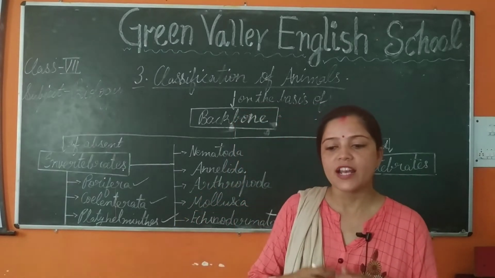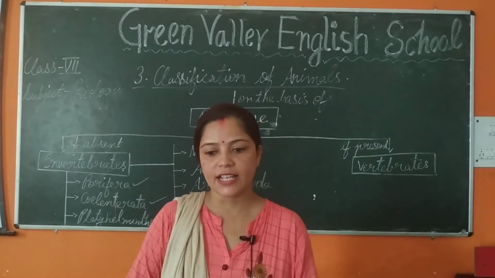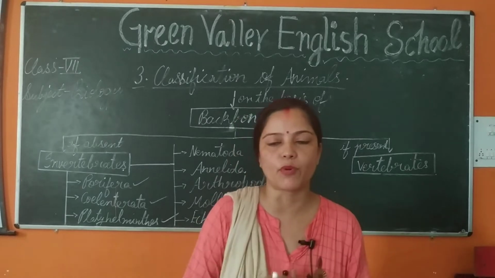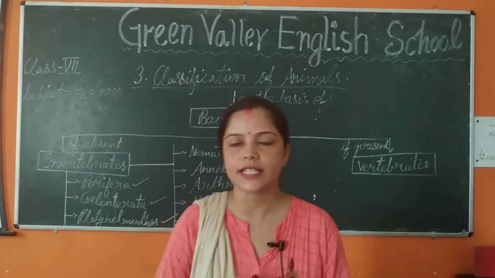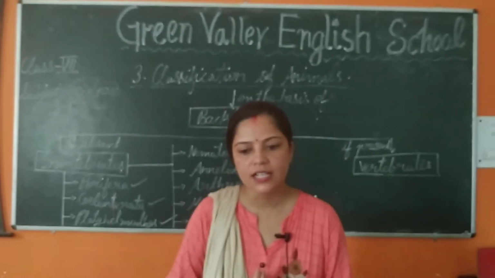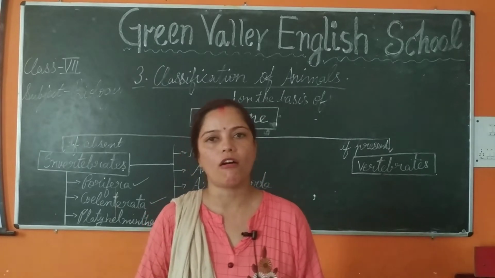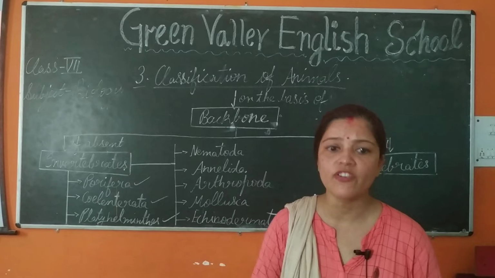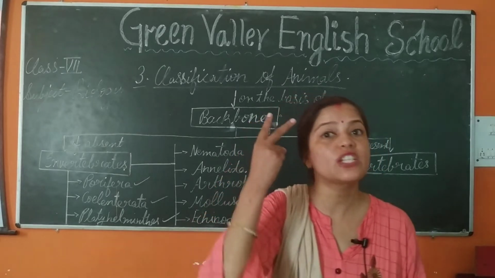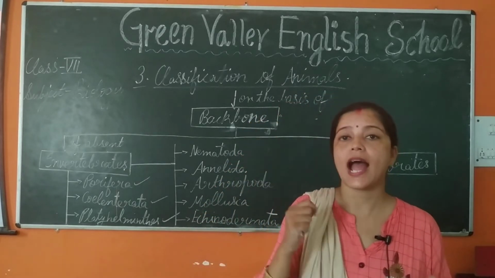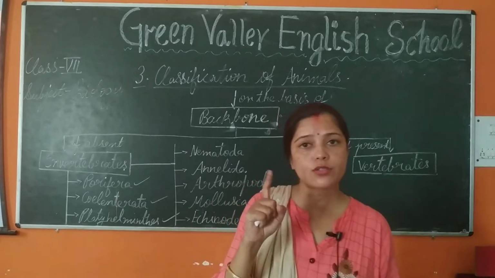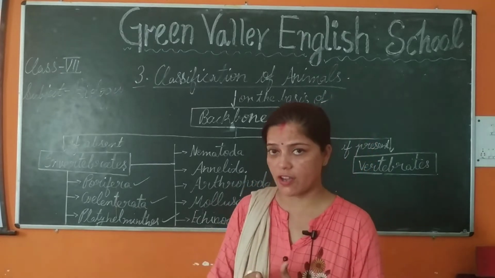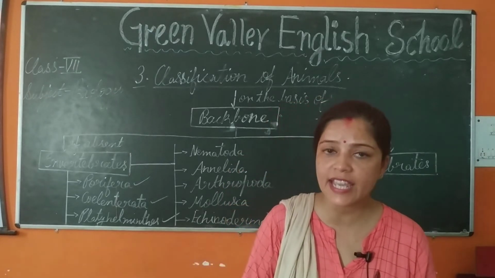Most of them live as parasites, which means inside the body of other animals, including humans. Some live in soil or water. They have a digestive system with 2 openings, the mouth and the anus.